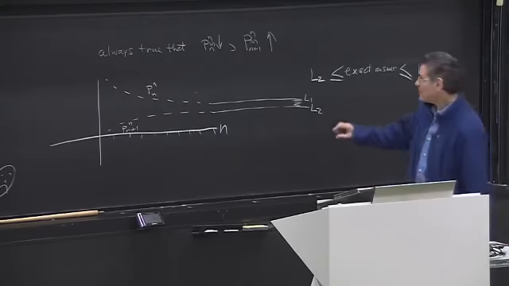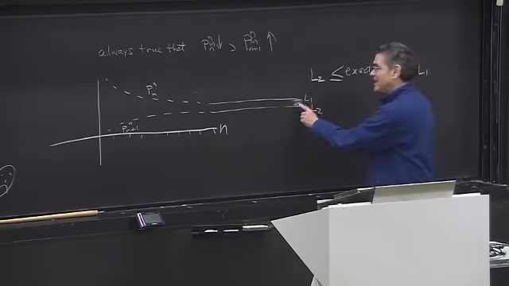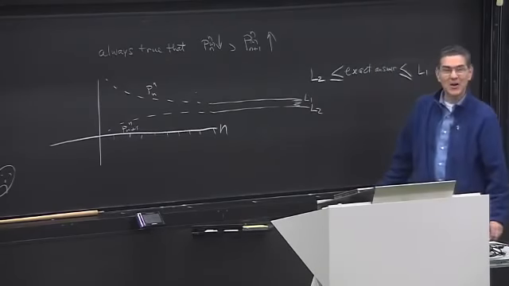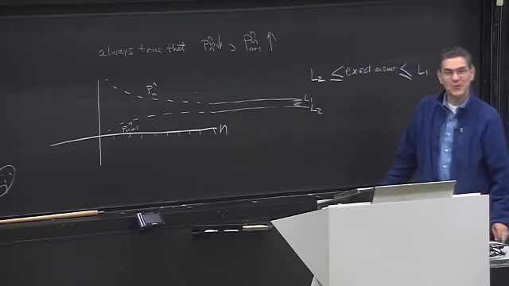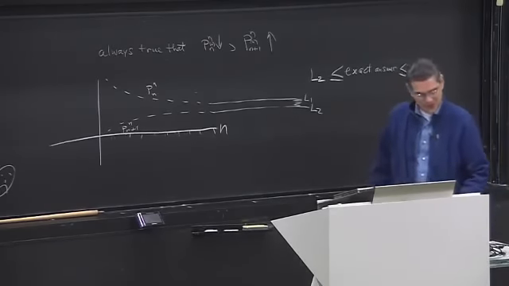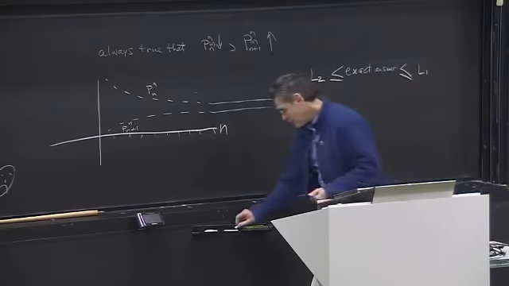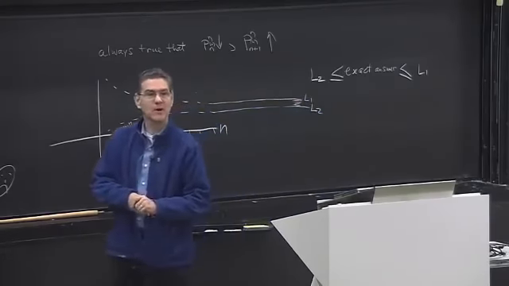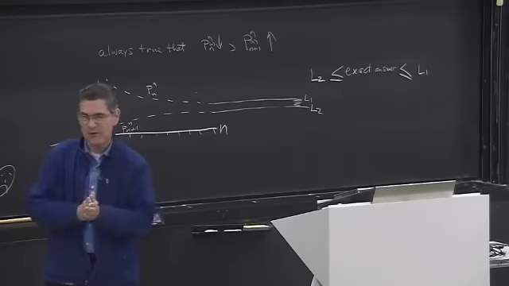But you don't necessarily know where the exact answer is. So, I'm just going to conclude, and I'm going to show you this next time, with an interesting puzzle here.